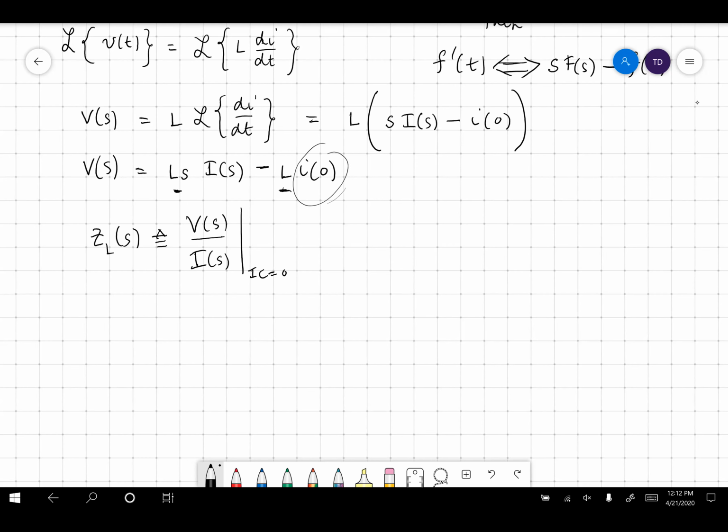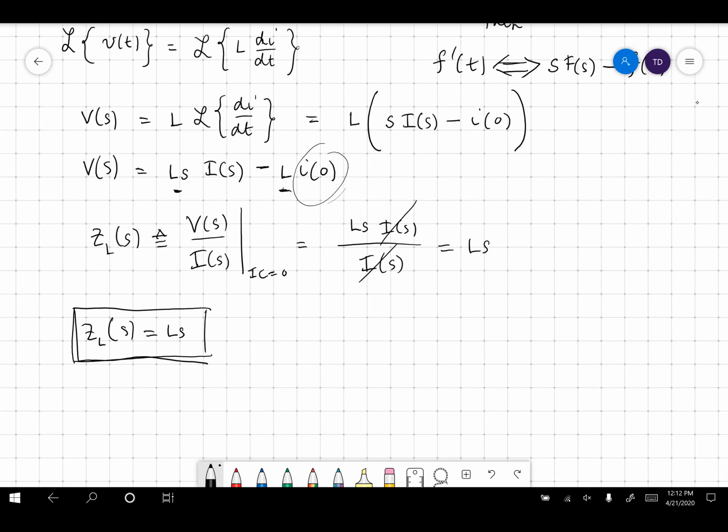If we set that equal to 0, then V of S is Ls I of S minus 0, divided by I of S. I of S cancels, and that's equal to Ls. So the impedance of an inductor, Z sub L of S, is equal to Ls. Anytime you are Laplace transforming an inductor, if there are no initial conditions, then we just replace it with Ls.